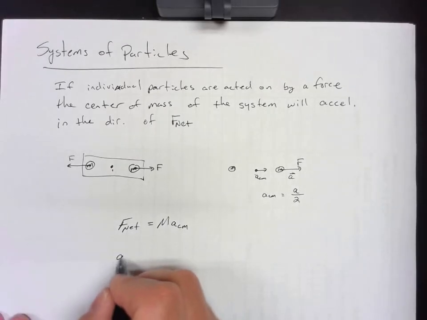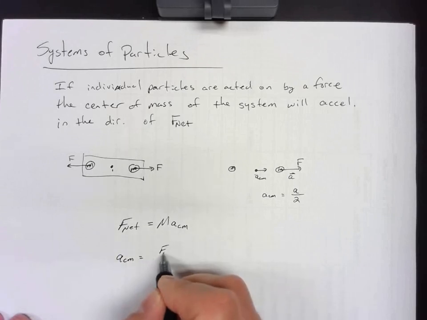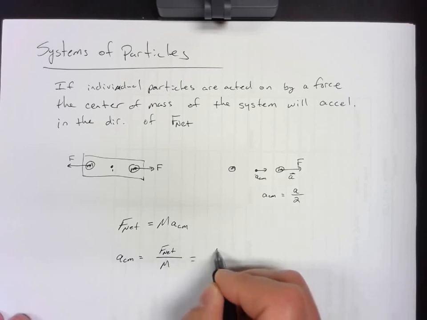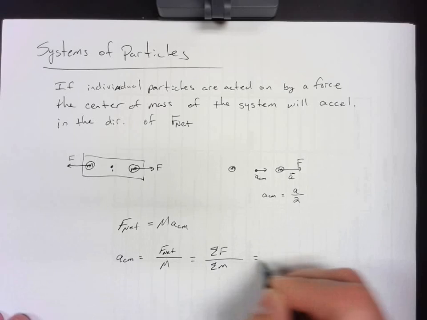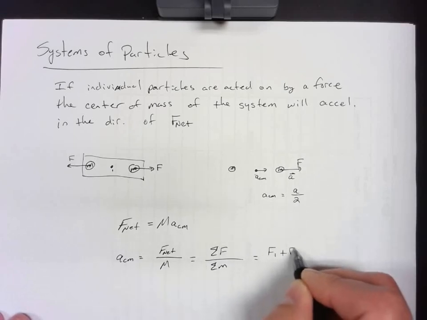If we rearrange that for the center of mass equation, we will get the net force over the total mass, which is just another way of summing up the different quantities, similar to finding the center of mass.